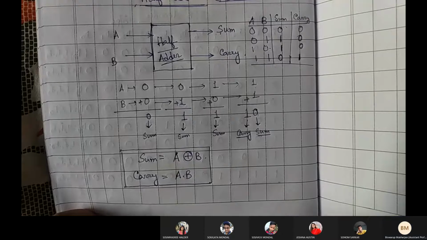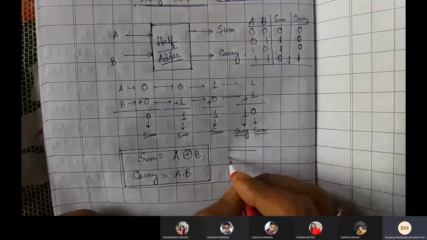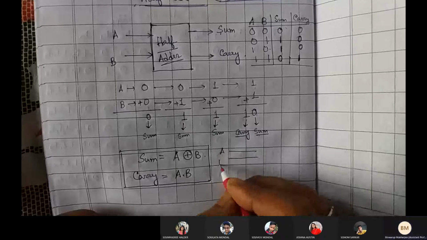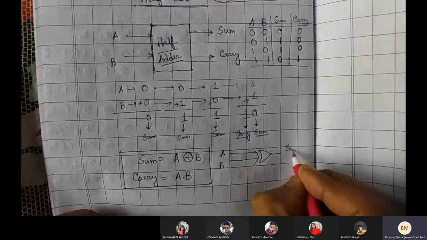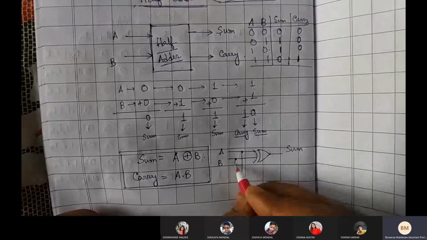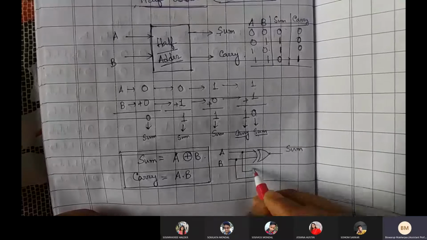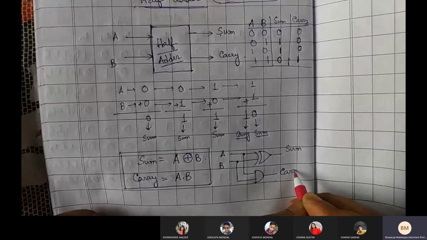Okay. Now, obviously, the circuit is very simple. You can simply take two inputs, A followed by B, put one XOR gate in front of that, write down its output as sum, bring the inputs also, pass them through another AND gate, write it down as carry.